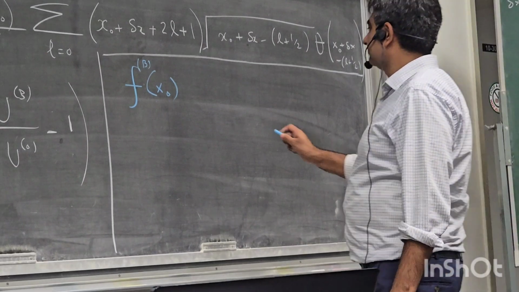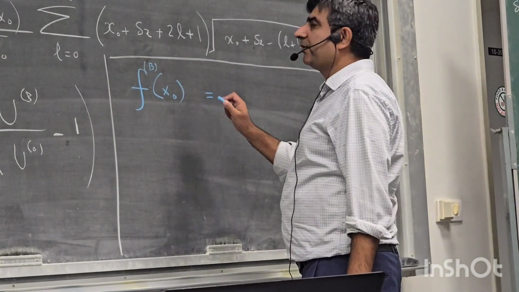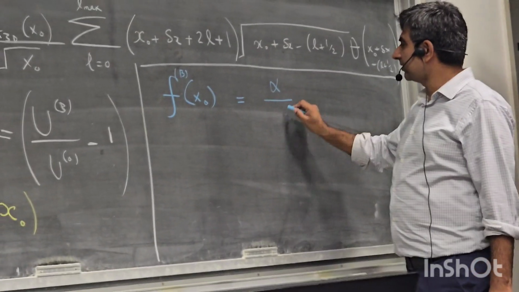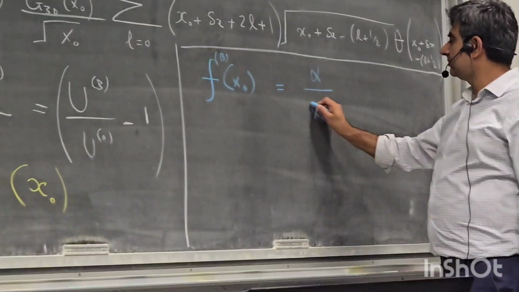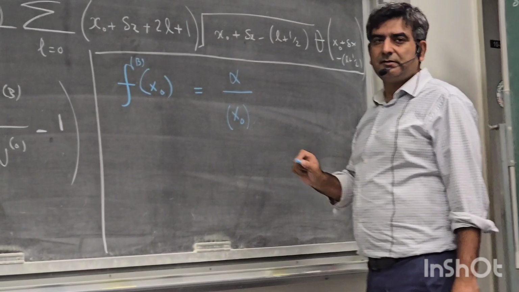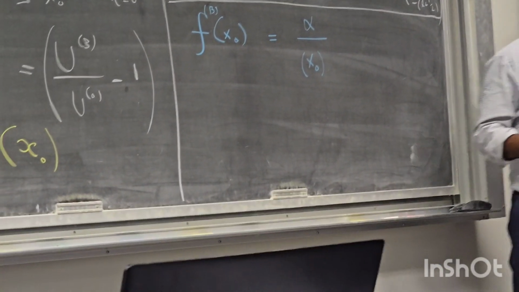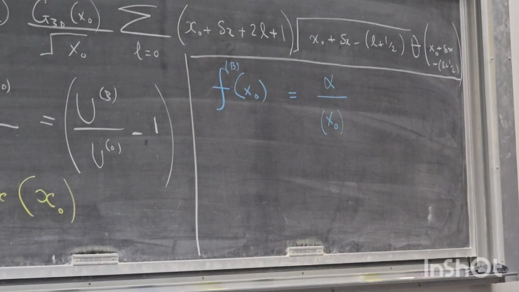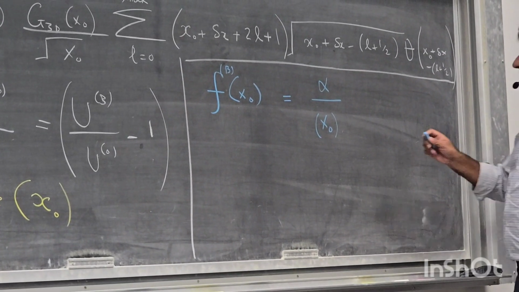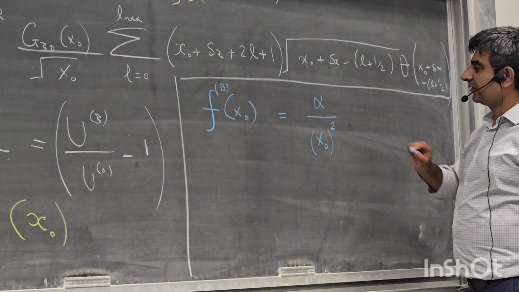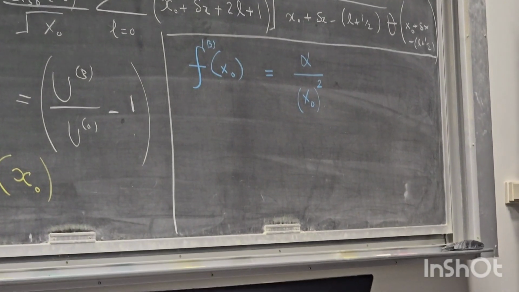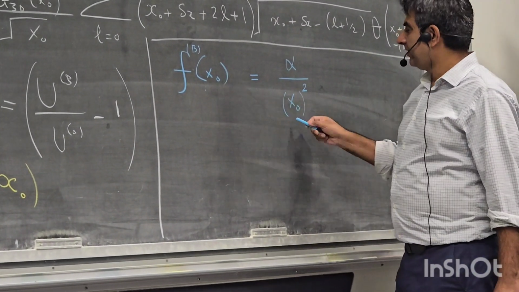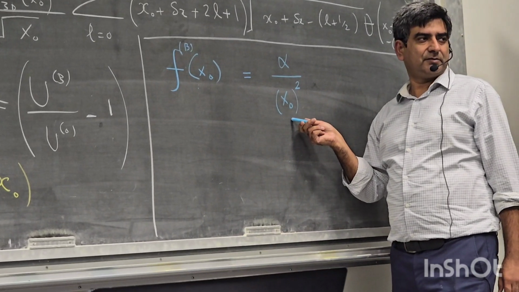So what I try to presuppose is that this is some constant alpha over x naught to some power. Could be x naught to the 1, half, square, something. So suppose this is a square here. So I make a plot between f and 1 over x naught squared.